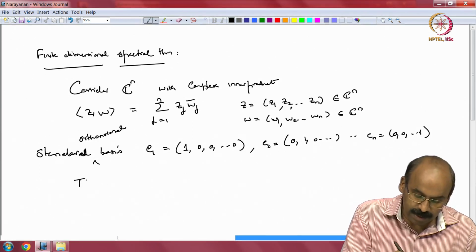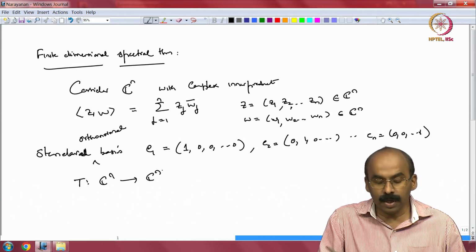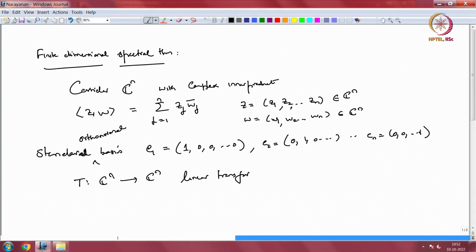So, let us take a linear transformation from Cn to Cn, okay, linear transformation. So, well, T of z plus w would be equal to Tz plus Tw, and T of alpha z will be equal to alpha times Tz, where alpha is a complex number, right. The scalar comes out, that is what you mean by a linear transformation.